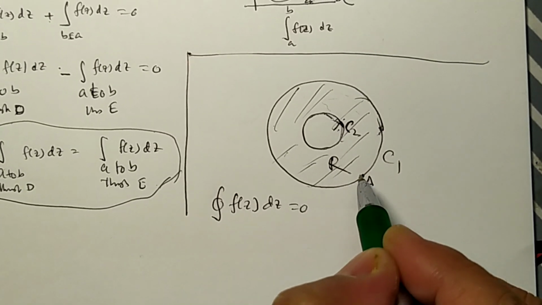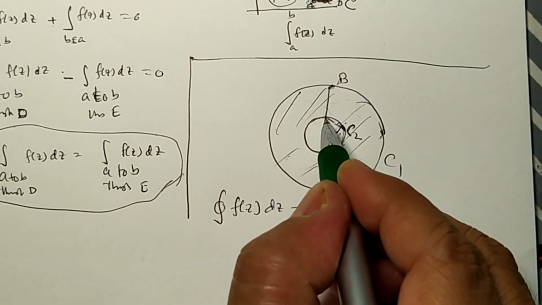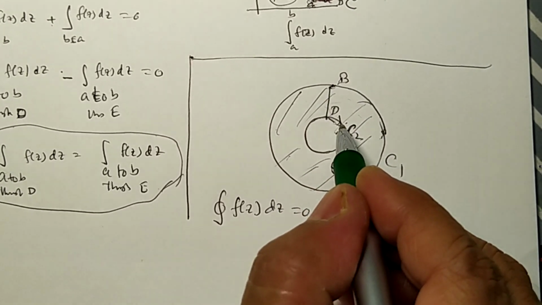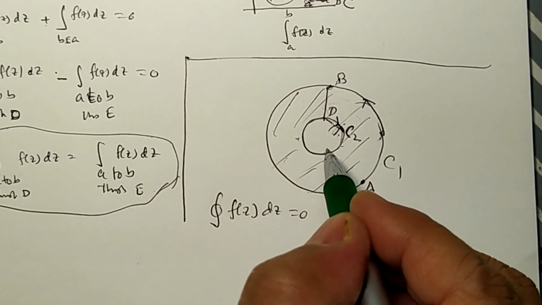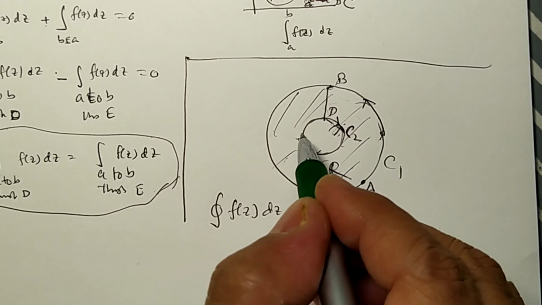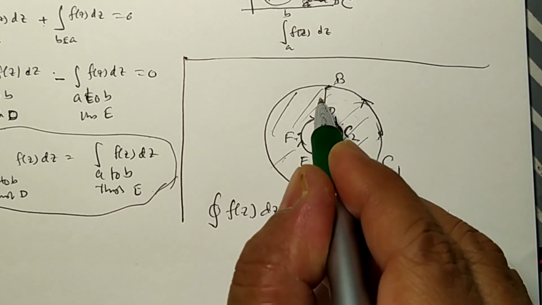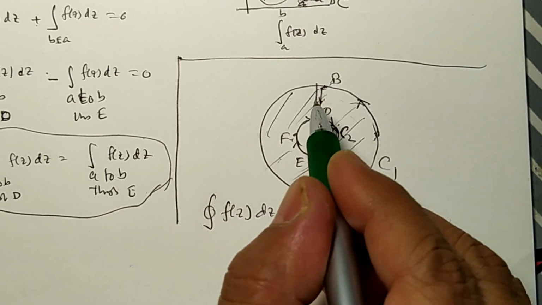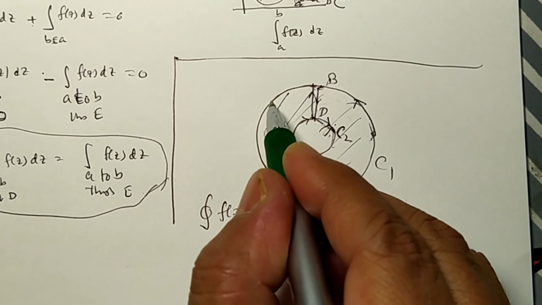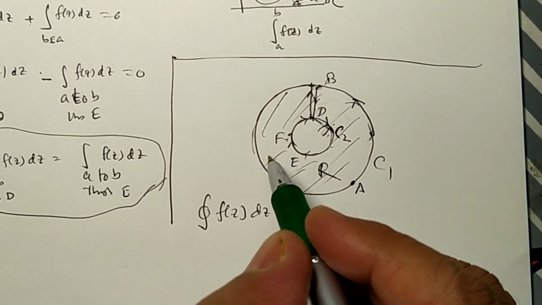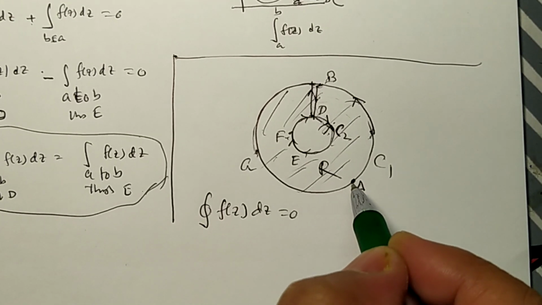This is the point A, this is the point B, and then you come here, this is the point D, then travel this way, this is E, this is F, and then again come back to D and travel this way. Earlier you came this way, now you are coming this way, then again go to B, and then F, now suppose this is G, and come back to A.